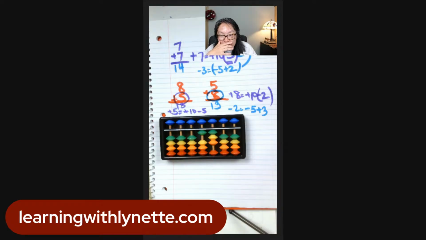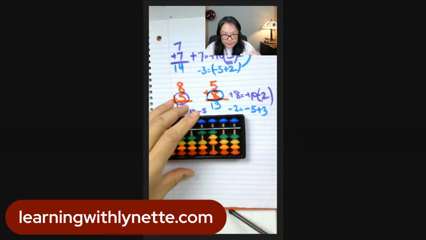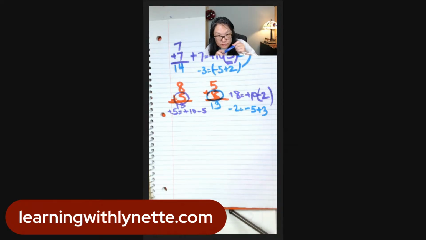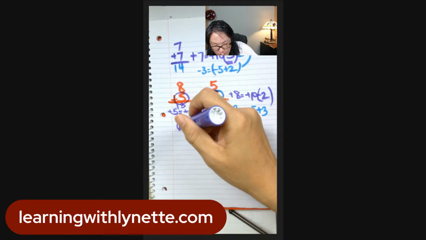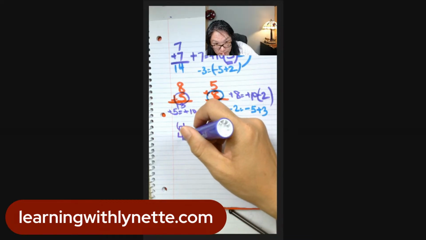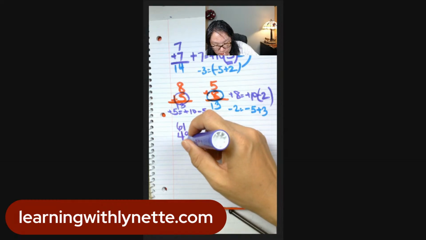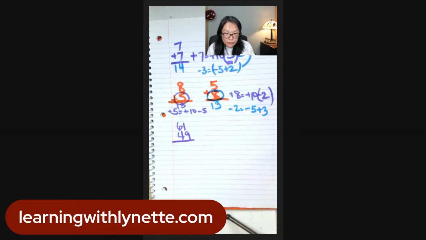What are we doing? We could do this number. We can do 61 plus 49. Whoa. We can do that. Yeah, not a problem, Tammy.